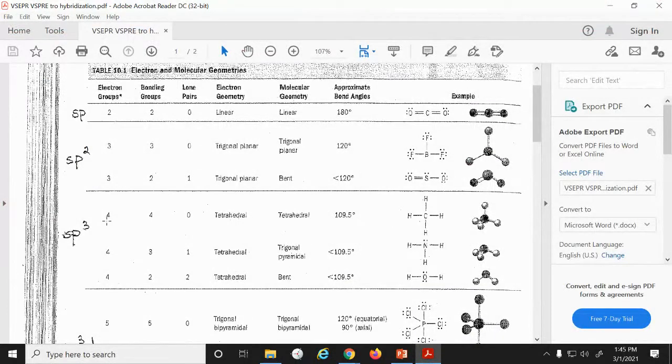This carbon is sp3. That carbon is sp. Why is it different? Why can one element have a different hybridization?